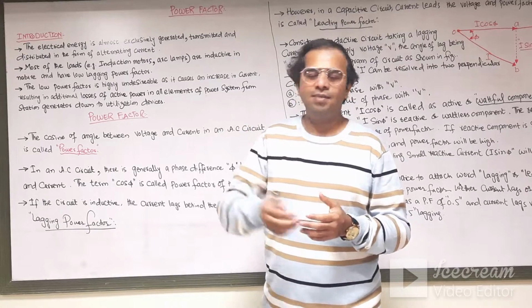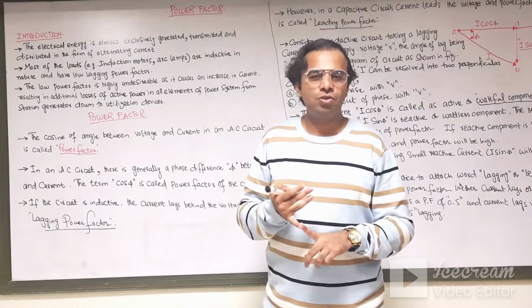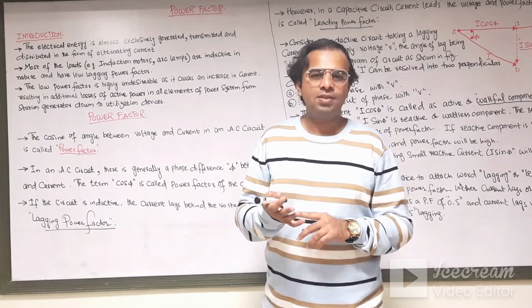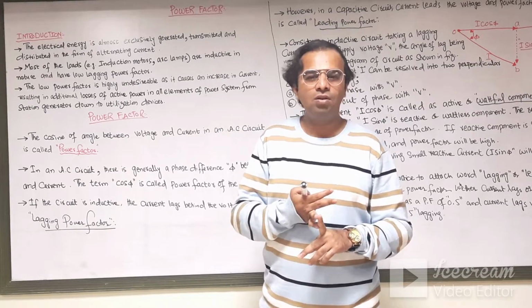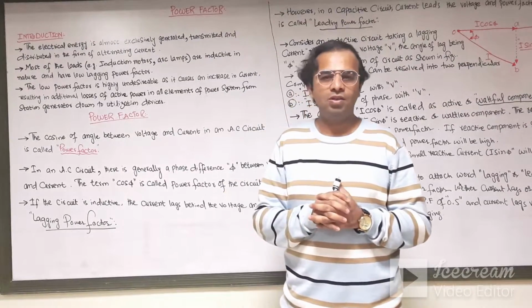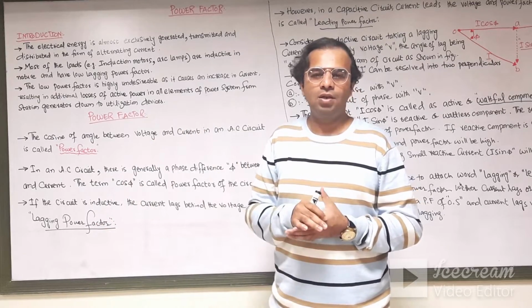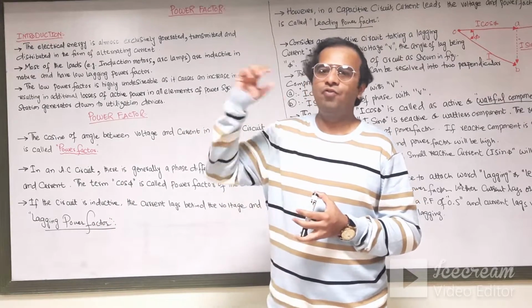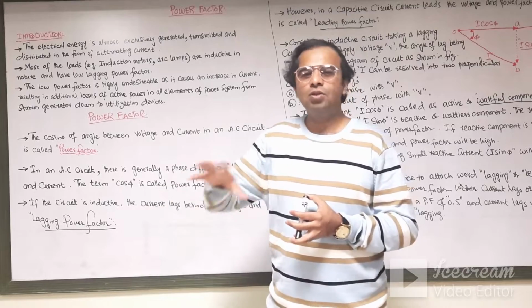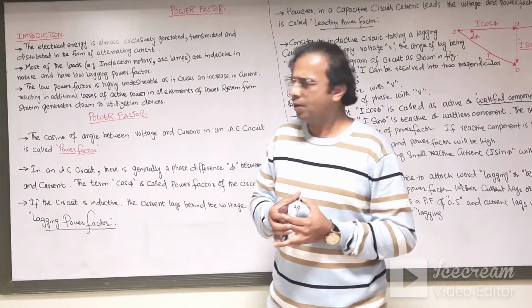Examples of resistive loads in our homes are electric toasters, electric ovens and heaters. Normally our power system is based on inductive loads, like the induction motors installed in our houses, and our fans and air conditioners. These are all inductive loads, and they have a low lagging power factor.